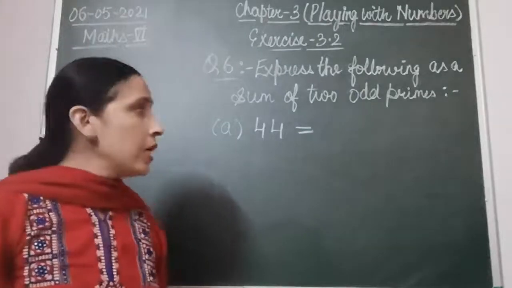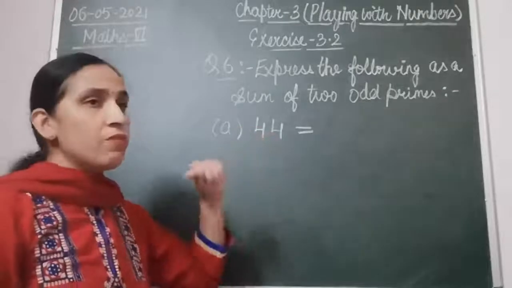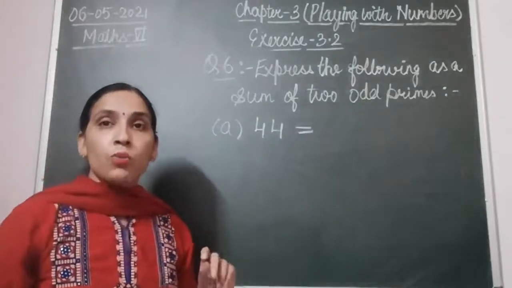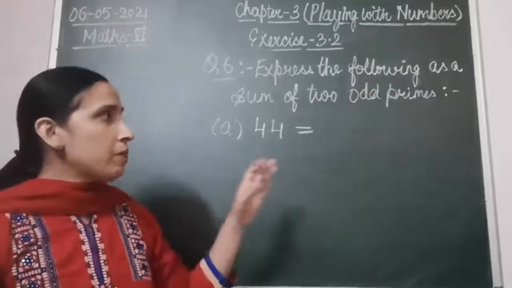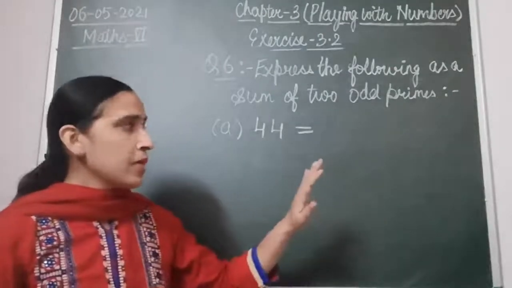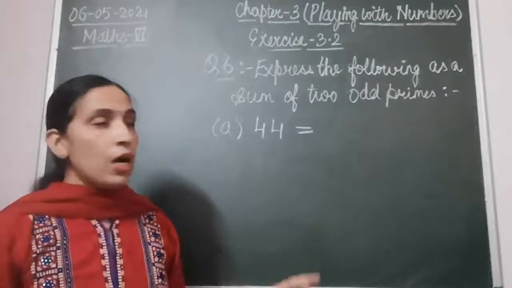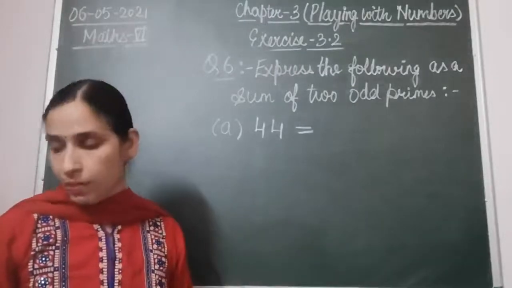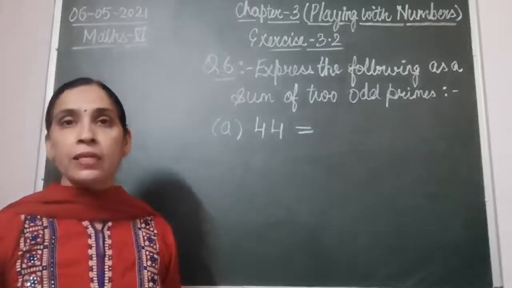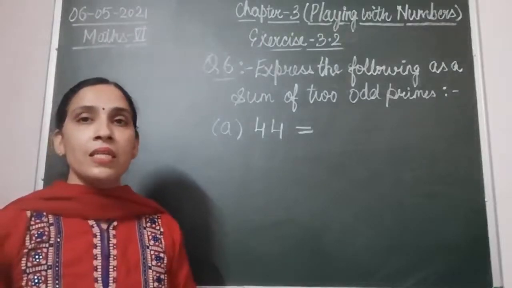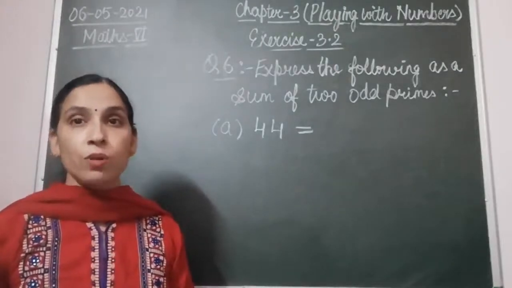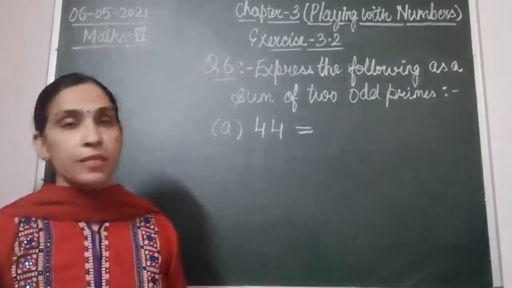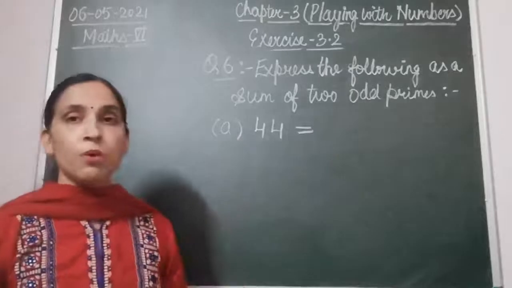Now how can we represent 44 as a sum of two odd primes? You must know that I have written all the prime numbers up to 20. So how can we represent this as the sum of two odd prime numbers? I can take 17 here, 19 is also a prime number. So what will be added to 19 to get this? Is it possible?